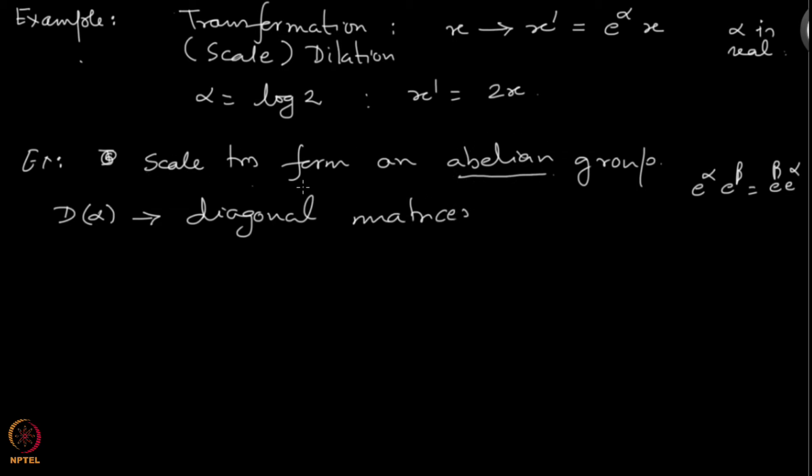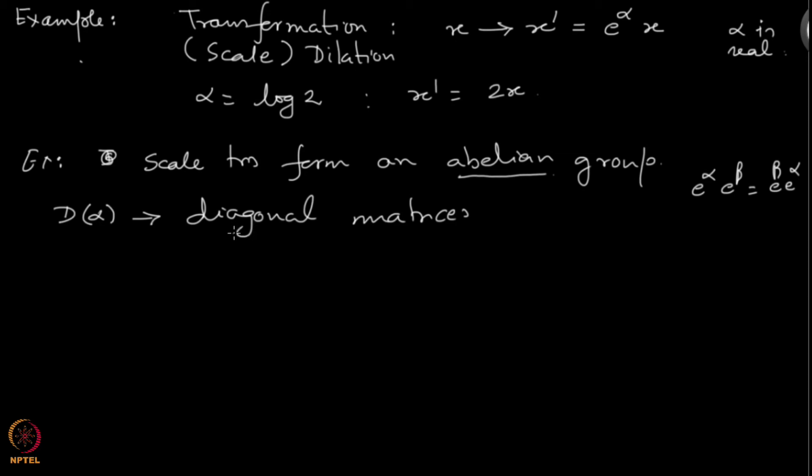If your group is abelian, then order should not matter. But when you look at the representation, the matrices have to commute because it's an abelian group, and matrices will commute if they are diagonal. So you expect the representation matrices to be diagonal.